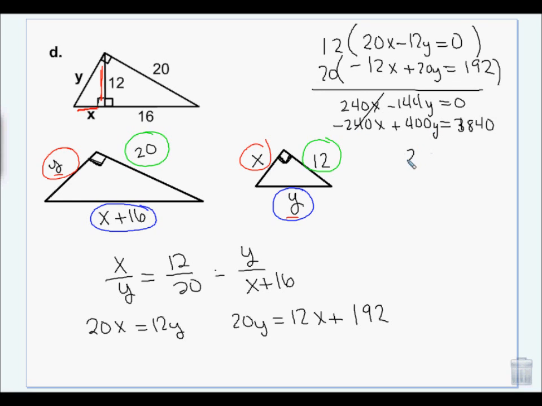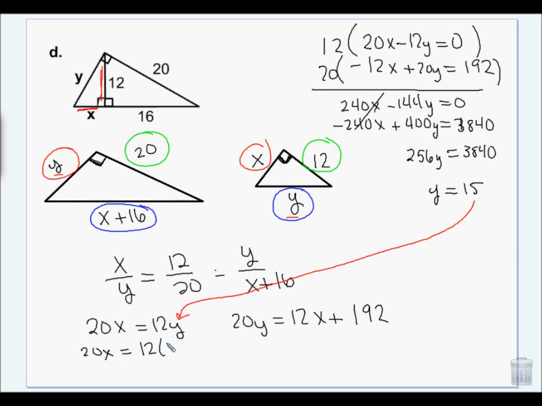And I get 256y is equal to 3,840. Which gives me y equals 15. Which I can then take and plug into here. So I get 20x is equal to 12 times 15. So 20x is equal to 180, so x is equal to 9.